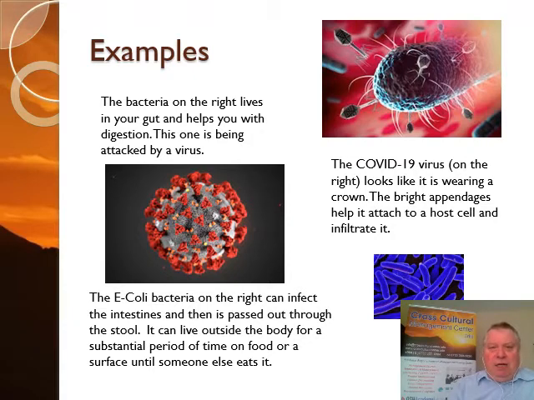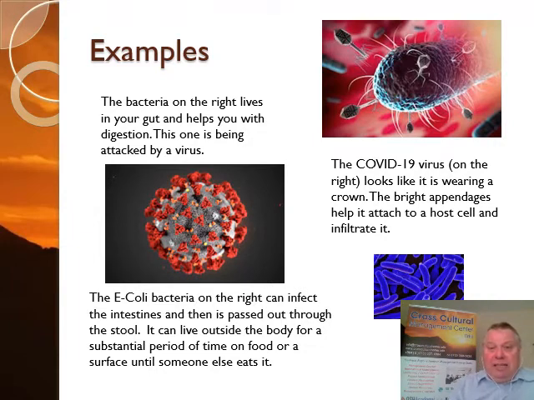So here are some examples of different bacteria. This bacteria on the right here, the top right, is a gut bacteria. It actually helps you with digestion, and this one's being attacked by a virus. So this virus is not attacking you directly, but it's attacking the gut bacteria. If it does a lot of damage to your gut bacteria, that can then cause you problems because you won't be able to digest your food properly.